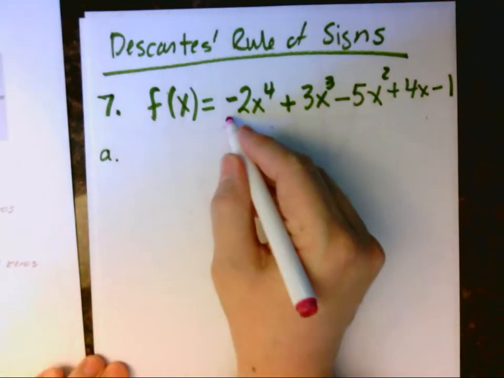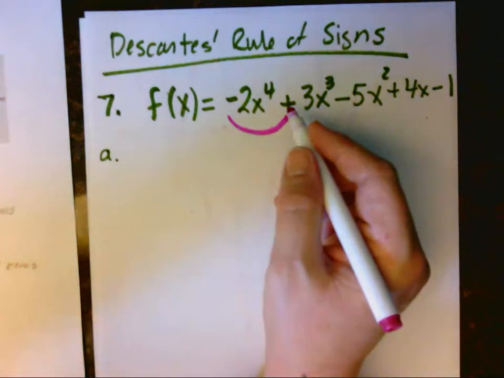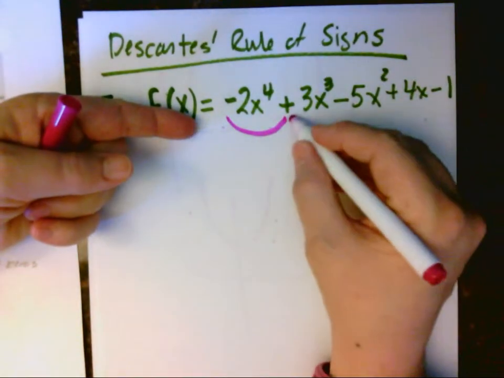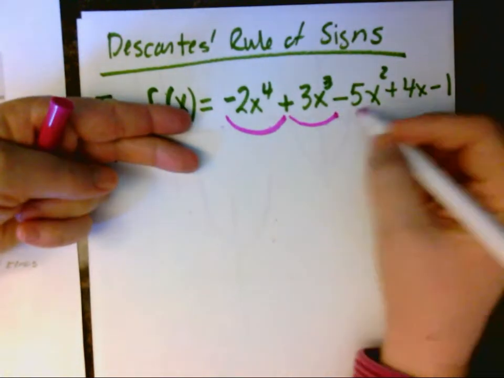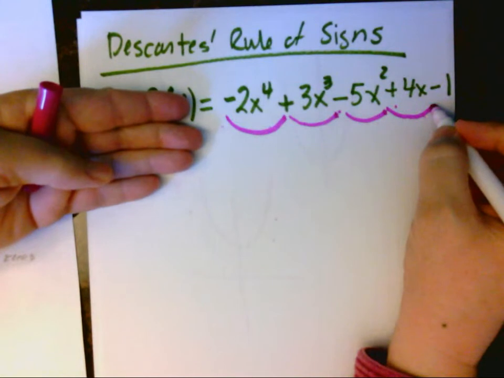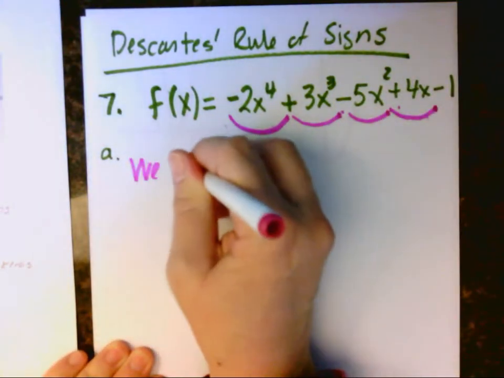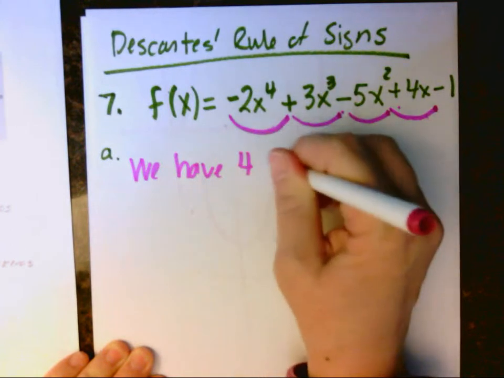So first of all, let's count how many times the sign changes. It changes from negative to positive. There's the first one. It changes from positive to negative. Second time it changes. Negative to positive, and then positive back to negative. 4 times the sign changes. We have 4 sign changes.